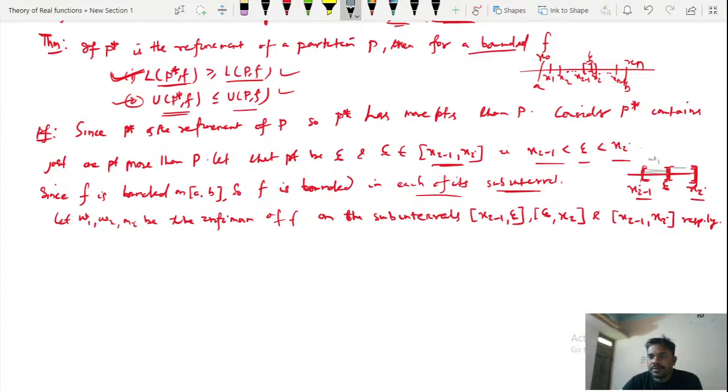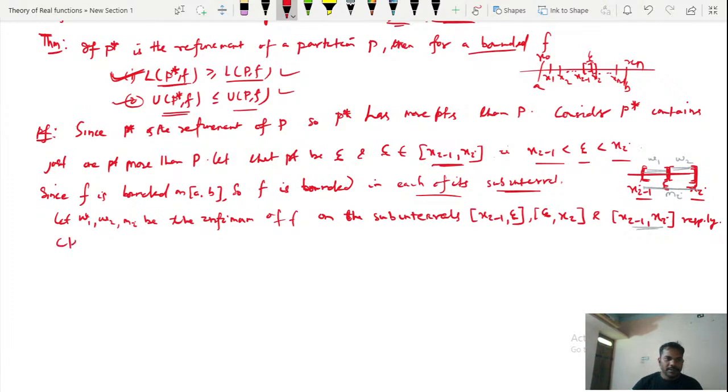Similarly, here it is w2, and in the whole xi minus 1 to xi the infimum is small mi. This we know before: small mi is the infimum of f in the ith subinterval. So then what will we write?